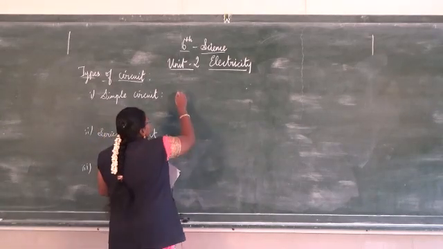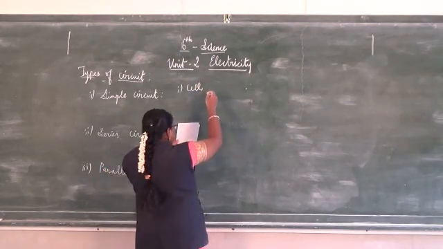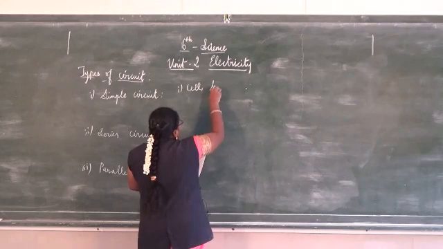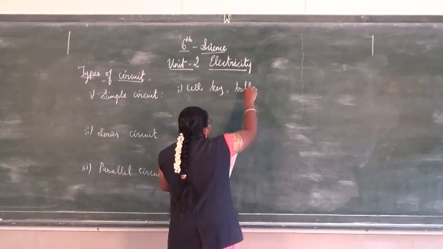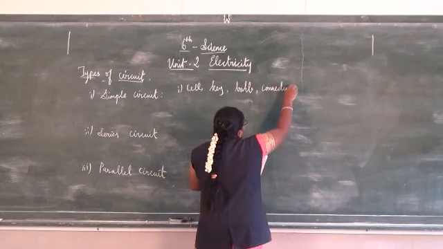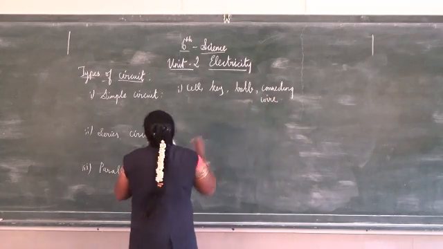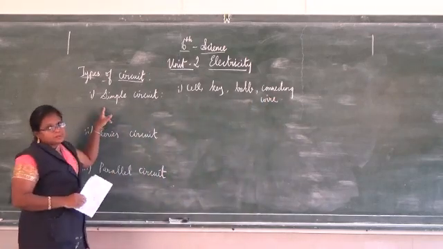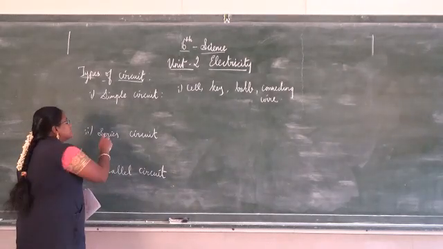First it will have only a cell, then a key, one cell, then a bulb, then connecting wire. Only these four things, if it has, it is called a simple circuit. Understand children?